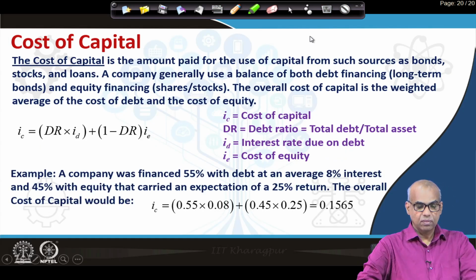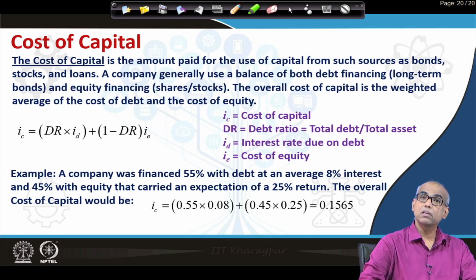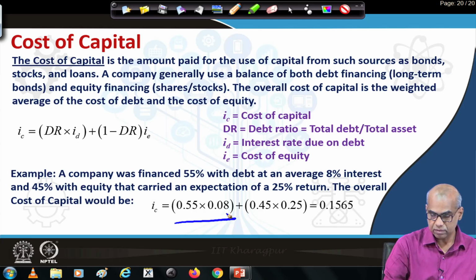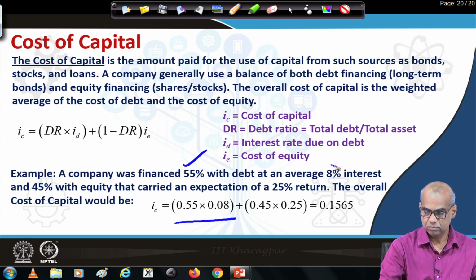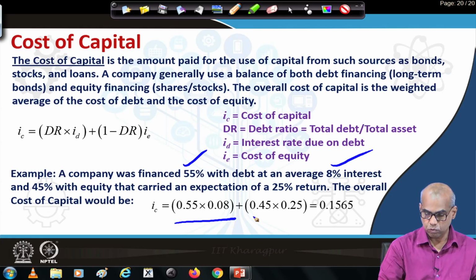For example, say a company was financed 55% with debt at an average 8% interest and 45% with equity that carried an expectation of a 25% return. The overall cost of the capital will be 0.55 into 0.08 plus 1 minus 0.55 which is 0.45 times 0.25.